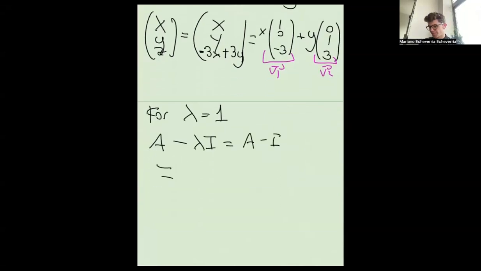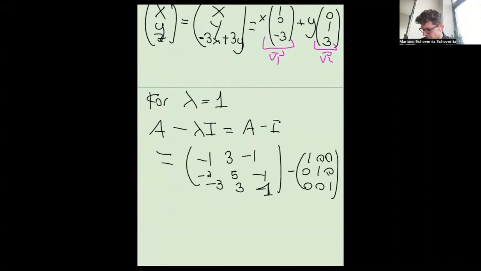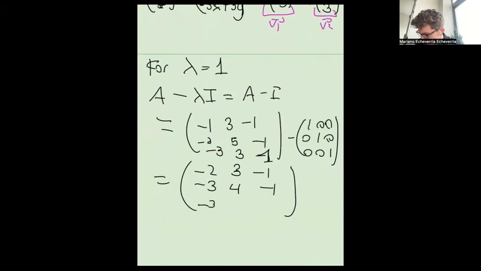That gives you minus 2, 3, minus 1, minus 3, 4, minus 1, and minus 3, 3, minus 2.